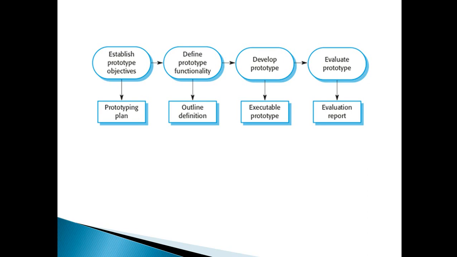After that, develop prototype, which returns the code and an executable prototype. Evaluate prototype, then it asks for feedback from the user: what do you want, what we have to include in the system.